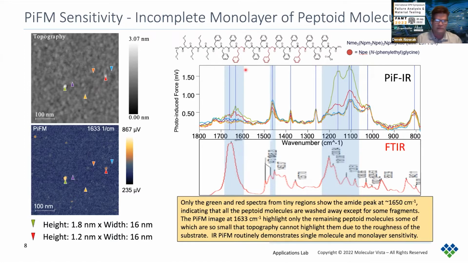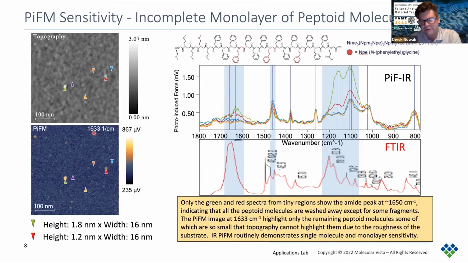A little backstory on this sample is that it was originally given to us saying, okay, we have this monolayer, we want you to image it. And we go to image it and we don't see anything. But then once we start scanning at some known wave numbers for these peptoid molecules, which tend to be in the amide regions of about 1633, we suddenly go, wait a minute, there are little areas that are lighting up.